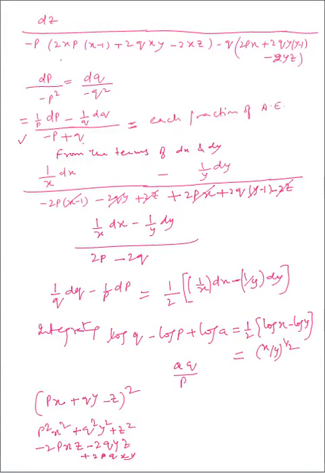So first term is there minus p square x, so we will have this extra minus p square x, then 2pq xy, then q square y square, then minus q square y is extra, then 2pxz with minus and minus 2q plus z square.